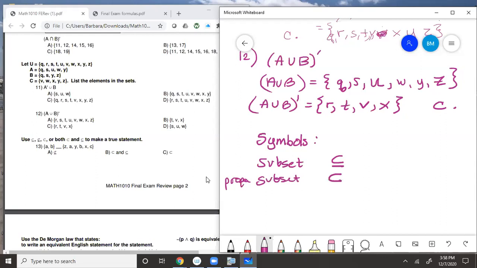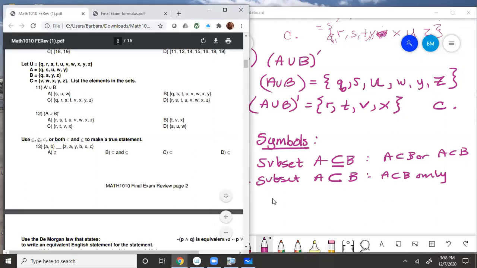The subset means that it can be part of the whole set or equal to it. A proper subset means that everything in A is in B, but it can never be equal. Here this means A is in B or equal to B. Here it means A is only in B. That's a proper subset. It can never be equal.